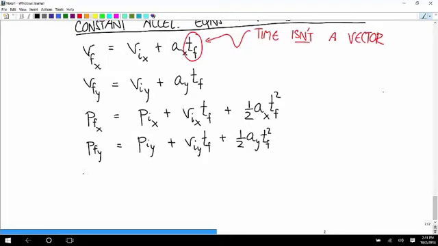And then the last equation said 2a times the quantity pf minus pi is equal to vf squared minus vi squared. And that one's true for the x components.